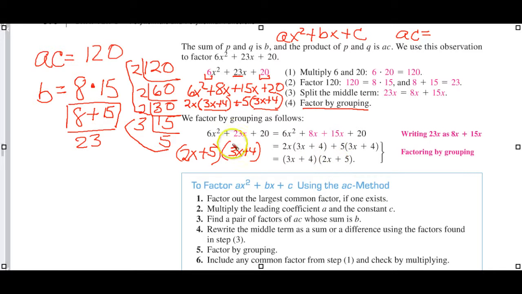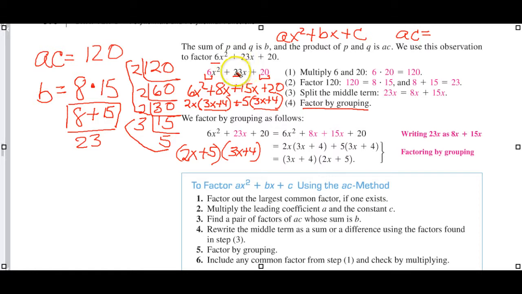That's fine. And that's the strategy then of using the AC method when A is not a 1: you multiply A times C. You look for factors of that which will add up to your B term.